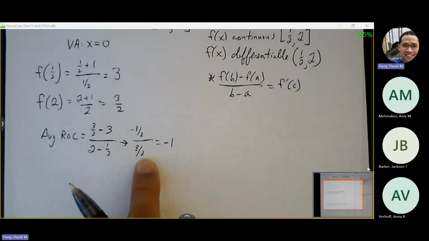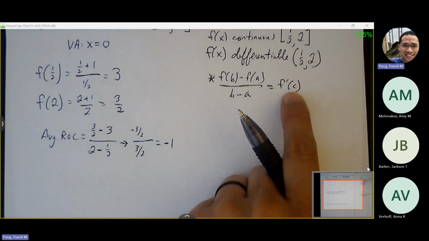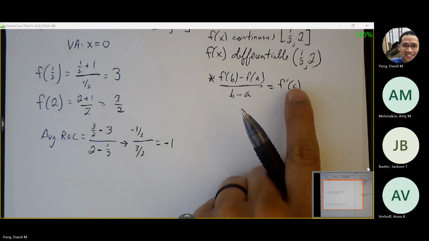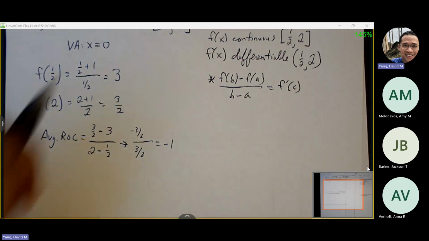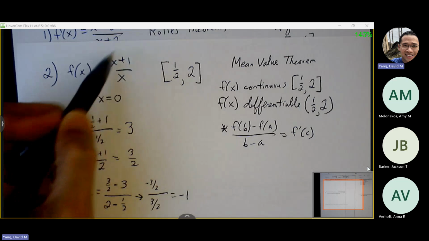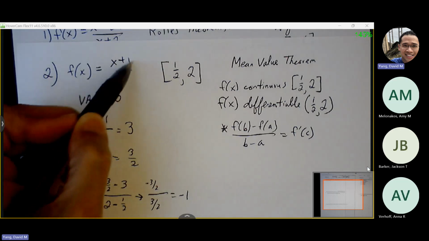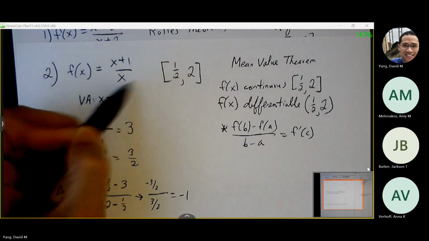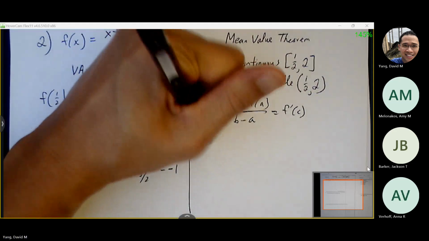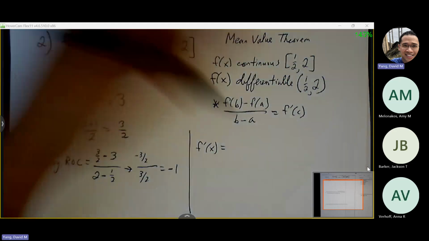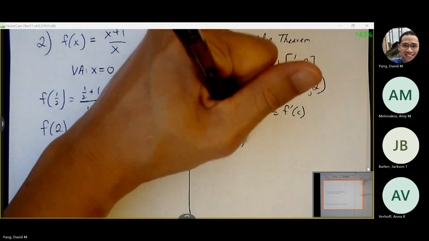So we know the slope between the endpoints is negative 1. We're now going to ask the derivative to tell us where on the original function there is a slope of negative 1. But to find the derivative, we could avoid the quotient rule if you want. We can split up into individual fractions, but let's move ahead with the quotient rule, and that's fine. F prime g minus fg prime.